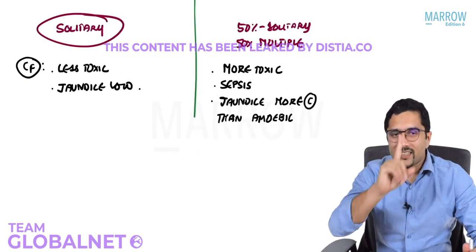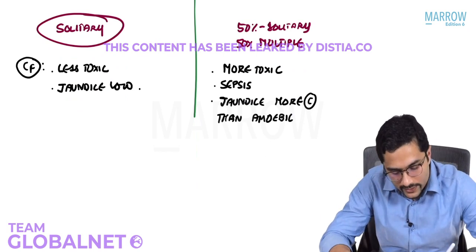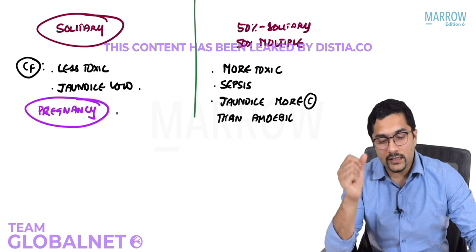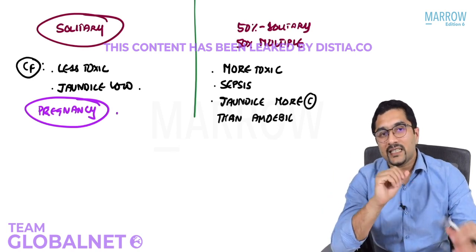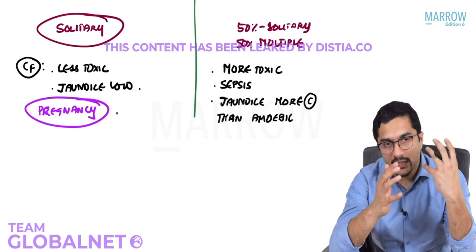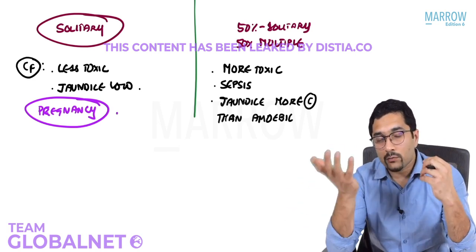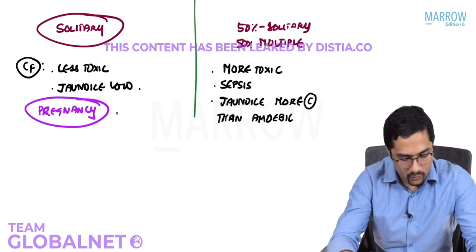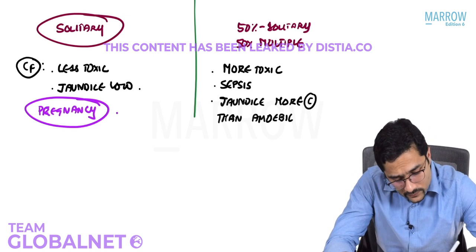One more thing which is written in the latest Sebastian which I want to highlight here is that amoebic liver abscesses commonly occur in pregnant patients. A line written in Sebastian is that the chances of amoebic liver abscess are less during menstruation, but there's more susceptibility during pregnancy. That is one point which I wanted you to know about.